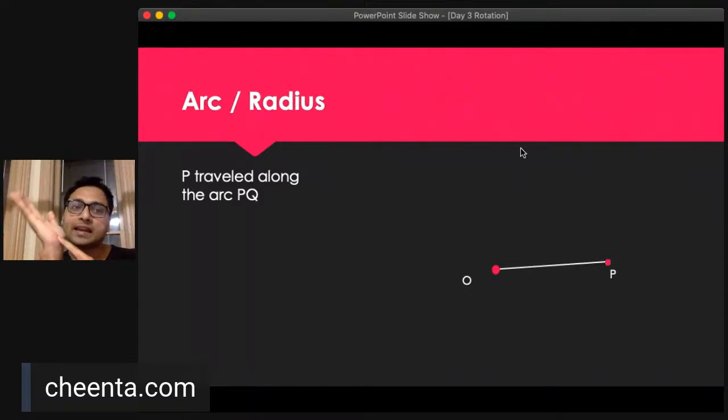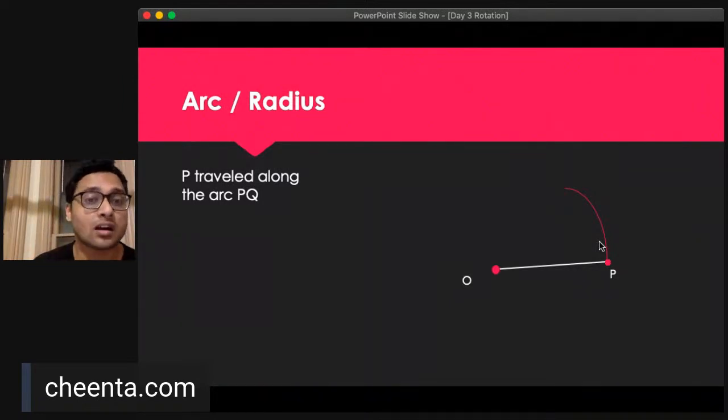When you push OP like this, the point P, suppose that's here, it is traveling along an arc. This is the arc in red. If you look at the path that P has taken to travel on the plane, it will travel along this red path, which we are calling the arc.